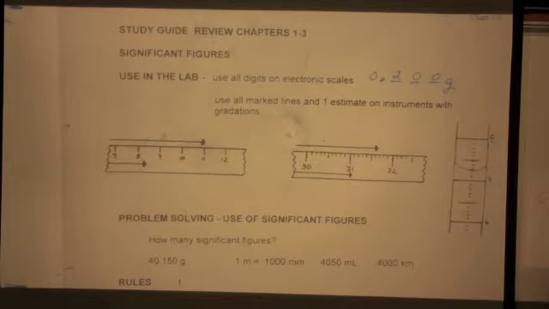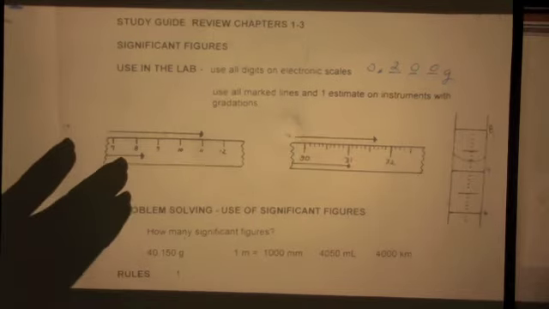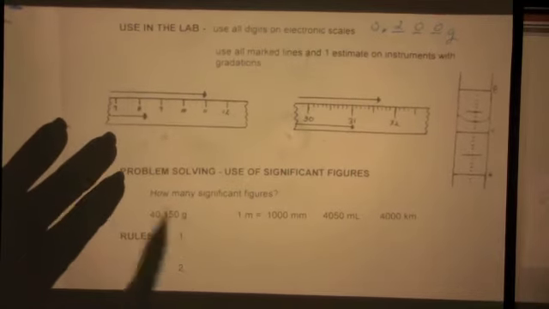Significant figures are defined as all of the values that are known plus an estimate. So what you know for sure plus one estimated value. So here I have 2 rulers, and again, a mistake. We don't have units on our rulers.